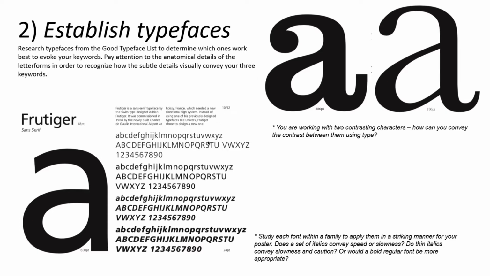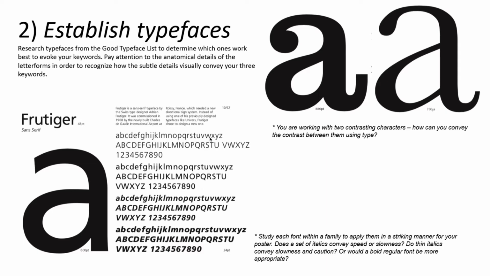And then underneath the resources, you also have this Good Typeface specimen list, and that's really helpful because it gives you an idea of what each font or each style looks like within each typeface.